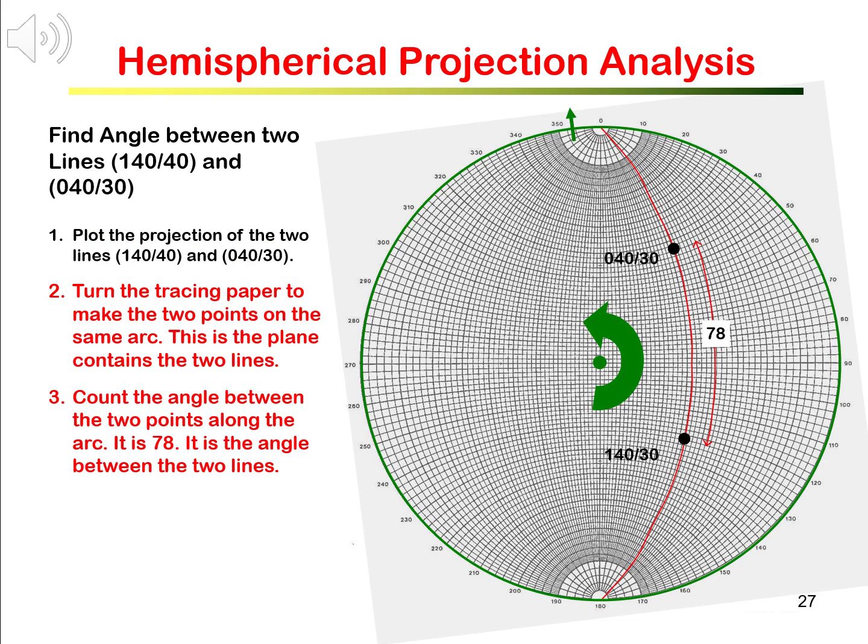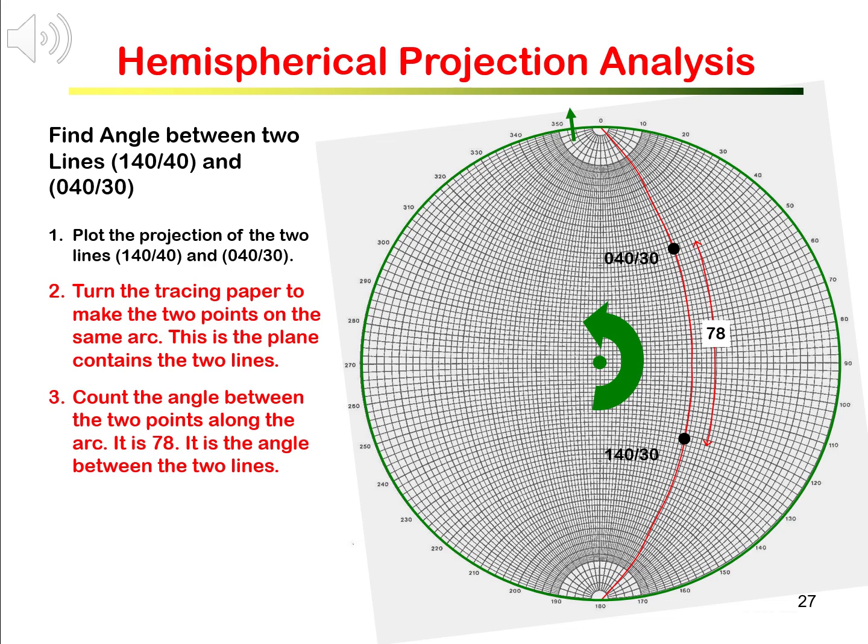Step 2 is to turn the tracing paper around until we can put the 2 points on the same arc on the base net. You can draw the arc linking the 2 points.